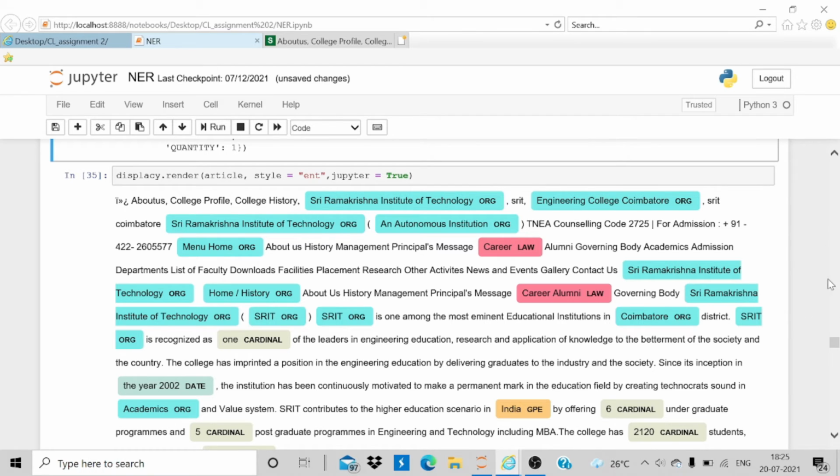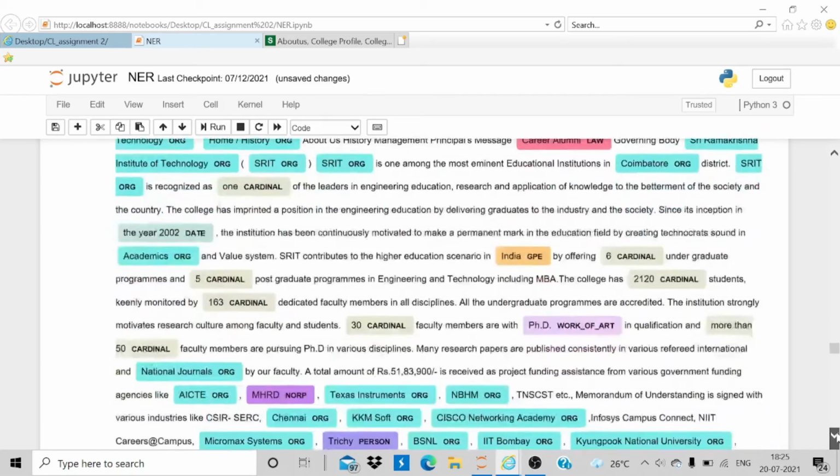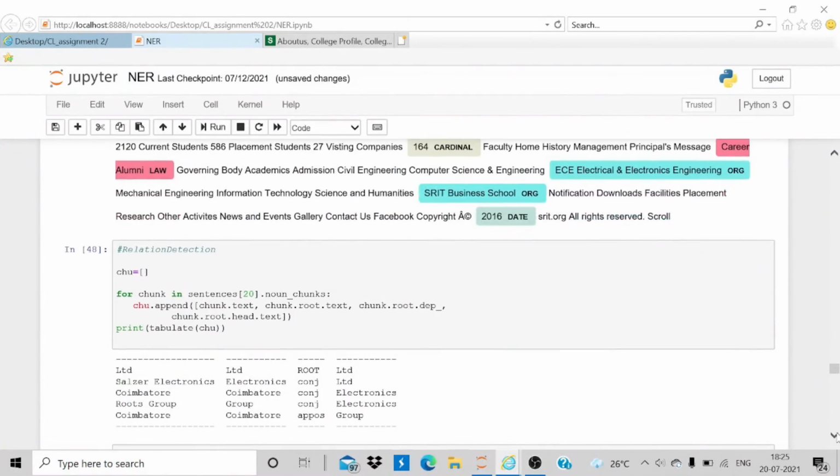Okay, this is my given passage. Next, we'll try to find out the relation between these words. Okay, so now we will make it into chunks. We will identify the nouns, make them into chunks, and then identify the dependency. We are going to see a dependency tree here.